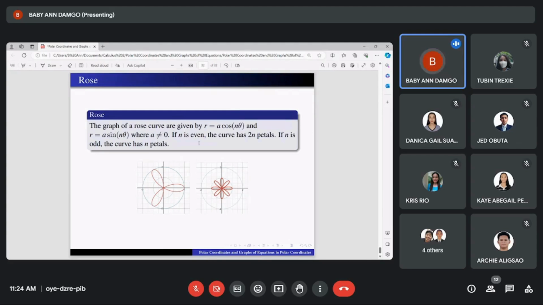So if n is even, for example cosine 2 theta, so ang number of petals kuno times 2, so we have 4. If n is odd, like 3, so same ra po kuno ang number of petals. So we have n petals.